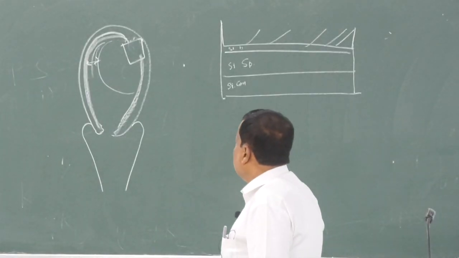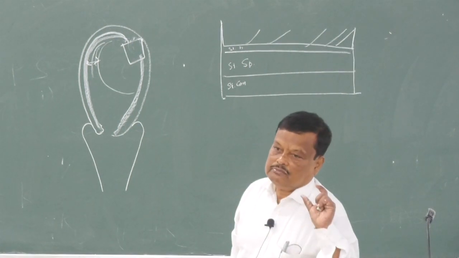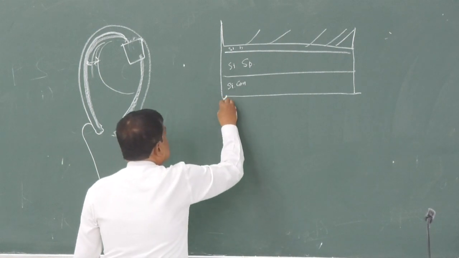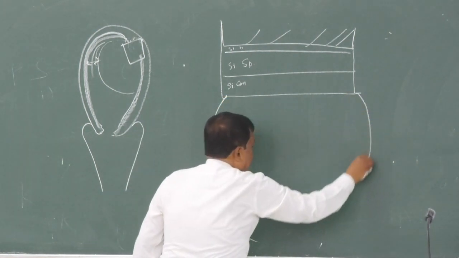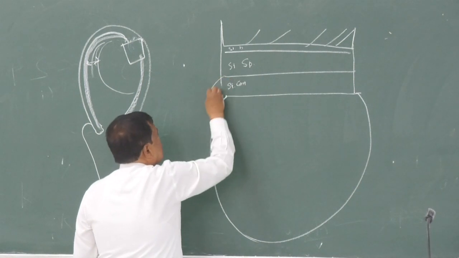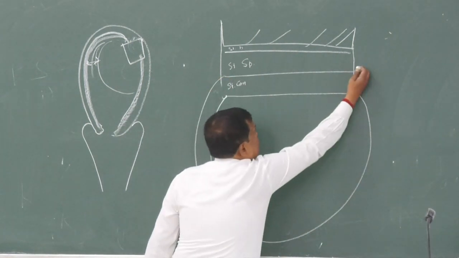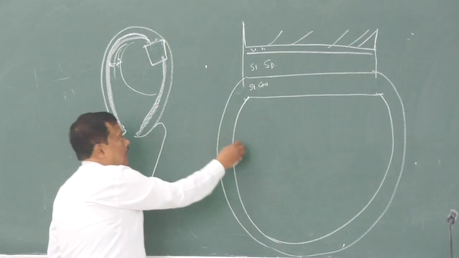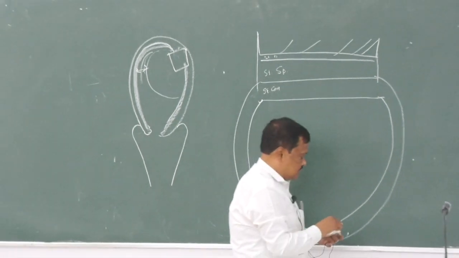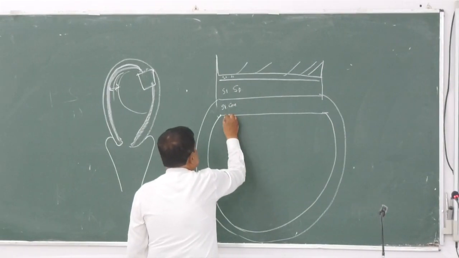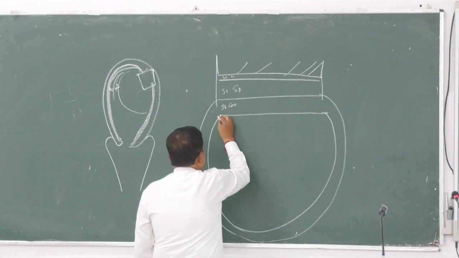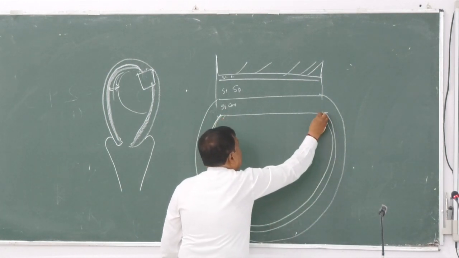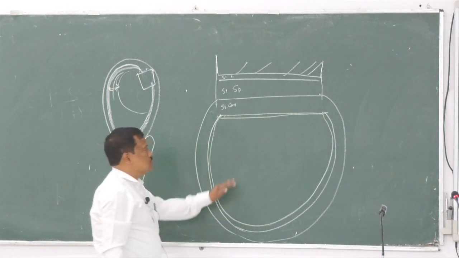And here I mainly draw the decidua basalis. The rest of the decidua, this is the decidua capsularis. And this is the blastocyst.